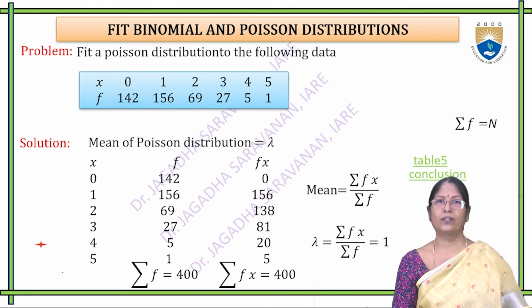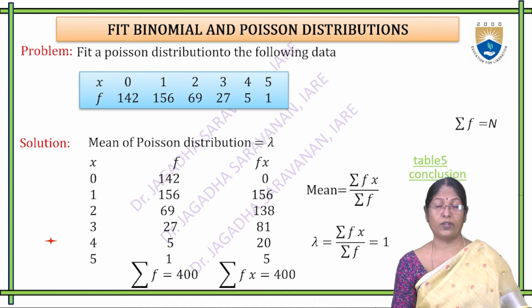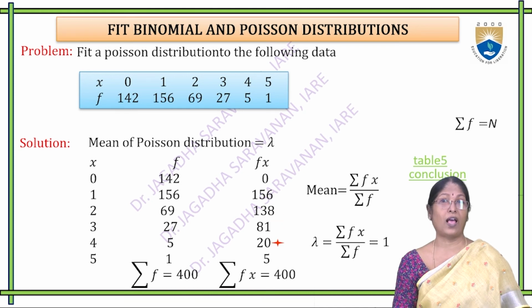So we can see the star mark, what it denotes. We added f and obtained a result, then we added fx and obtained the result.